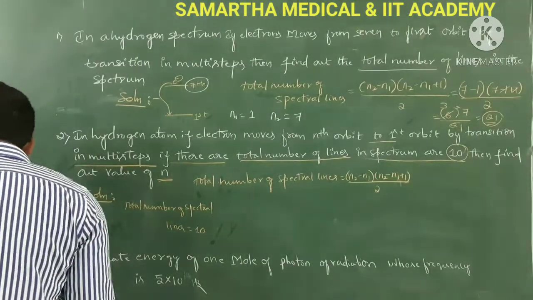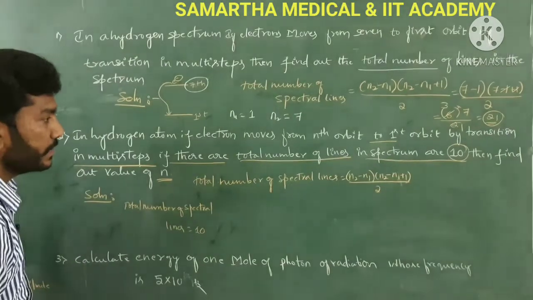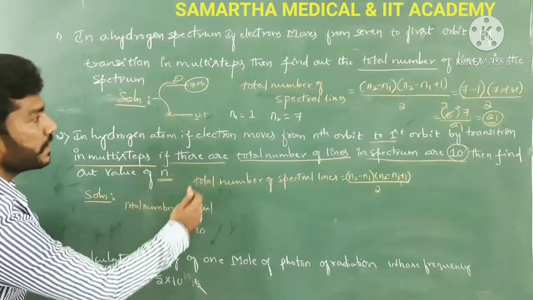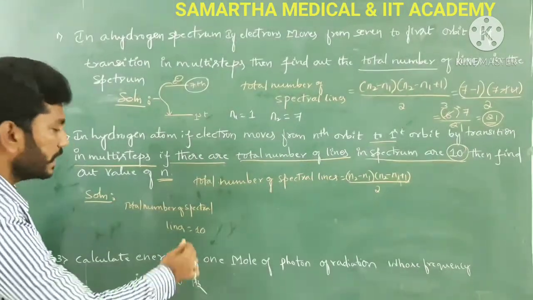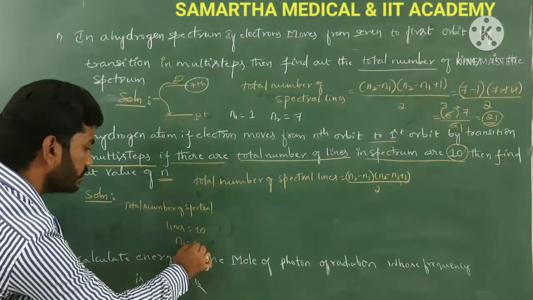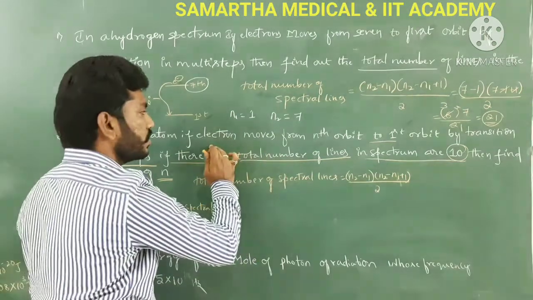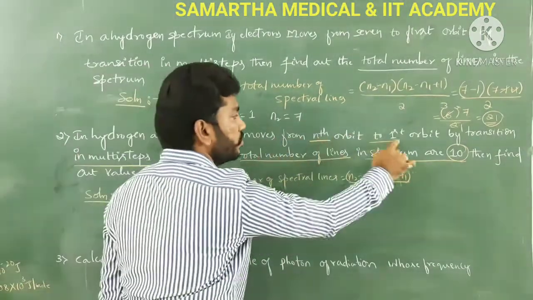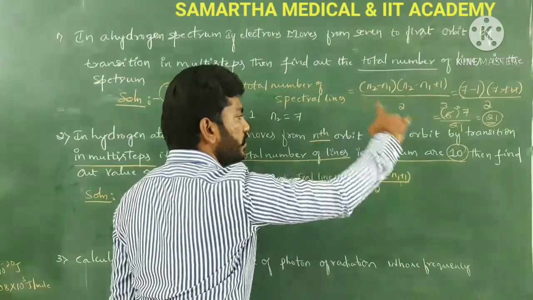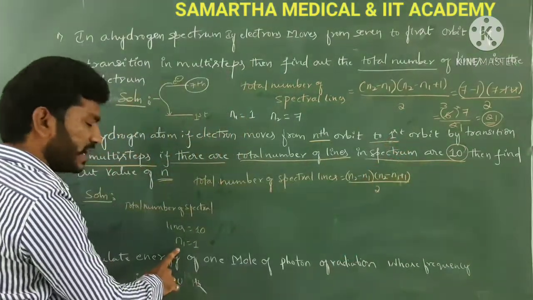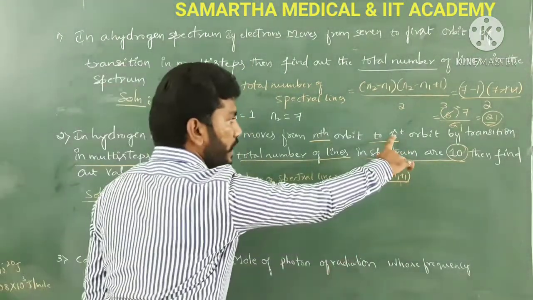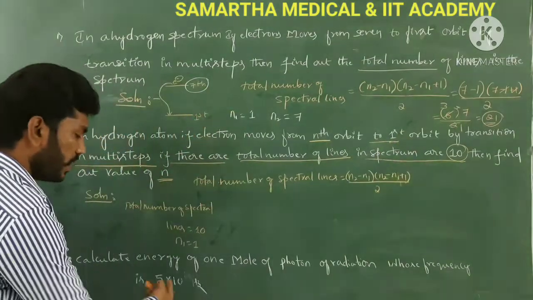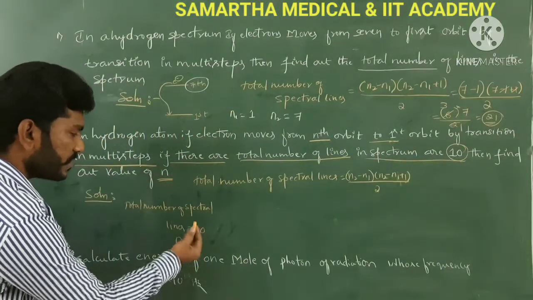Then the n1 value, guys, is 1, because the electron moves from the nth orbit to the 1st orbit. So from higher energy level to lower energy level, n1 stands for the lower energy level, that's why the value of n1 would be 1.